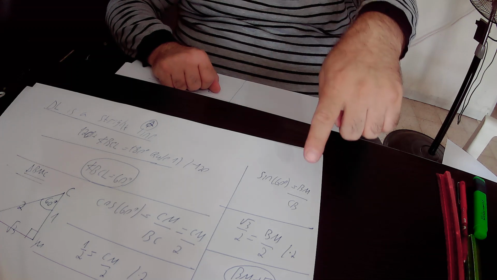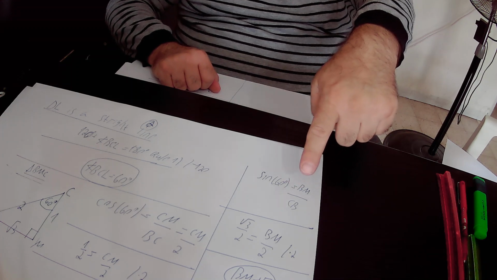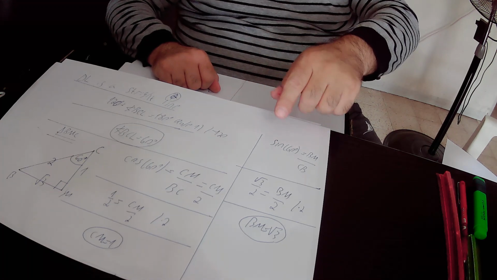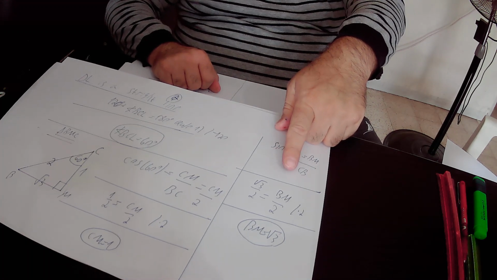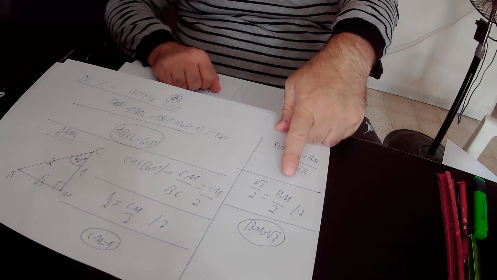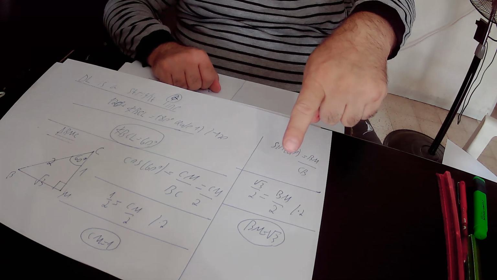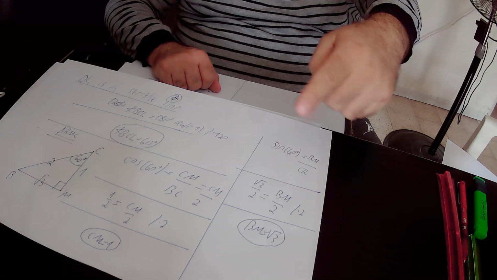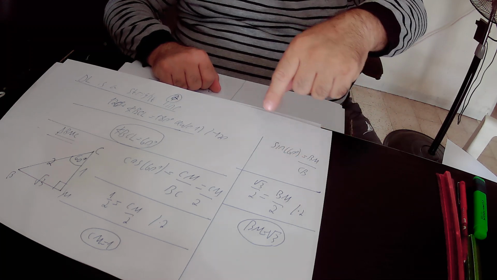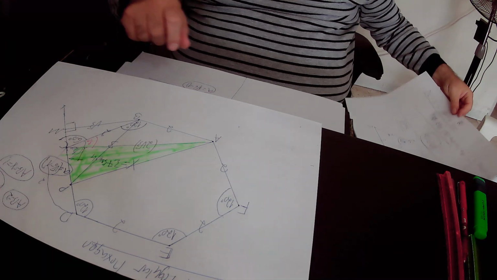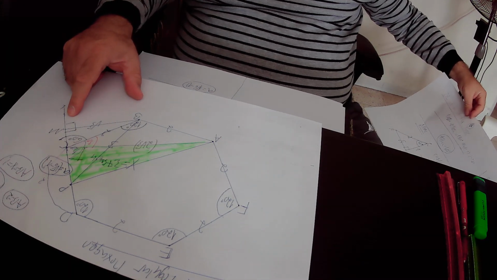MB is the missing segment, so we leave it as it is, and CB equals 2, so we substitute CB by 2. In conclusion, square root of 3 over 2 equals MB over 2. We multiply this equation by 2 and we find that the missing side BM equals the square root of 3 units. Here BM equals the square root of 3 units and here also BM equals the square root of 3 units.